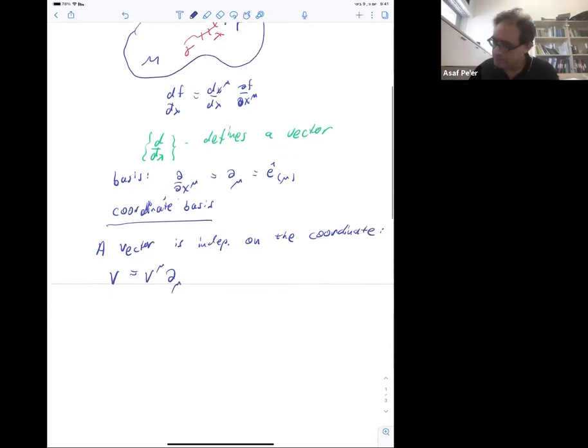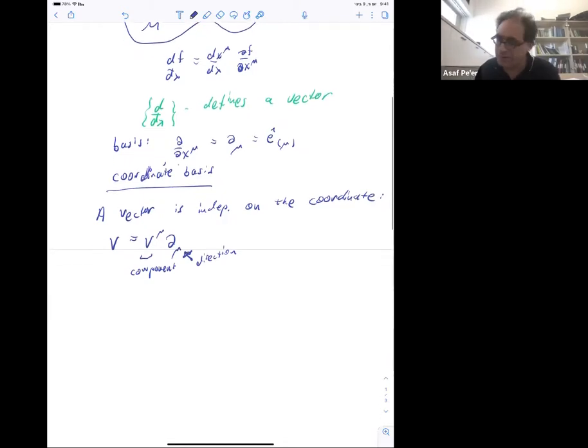Again, this is the component, and this is the direction, basically. Then, of course, the transformation law of the contravariant vector would be V mu prime equals dx mu prime over dx mu times V mu. So that is the transformation law of a contravariant vector.